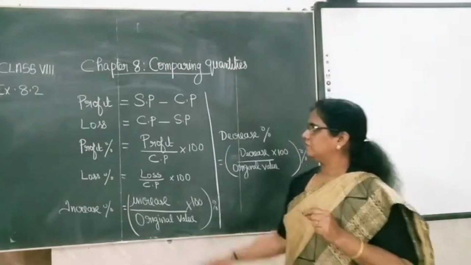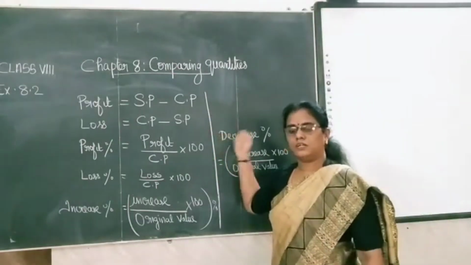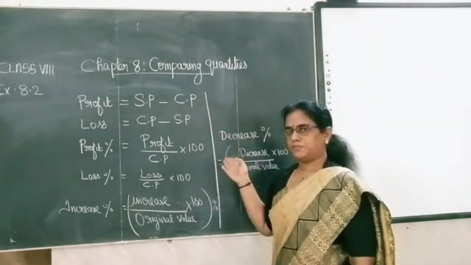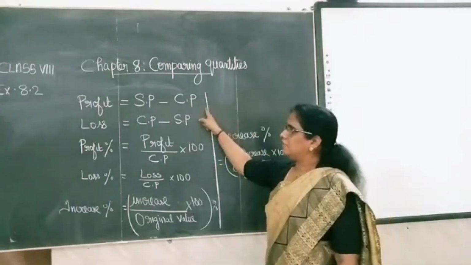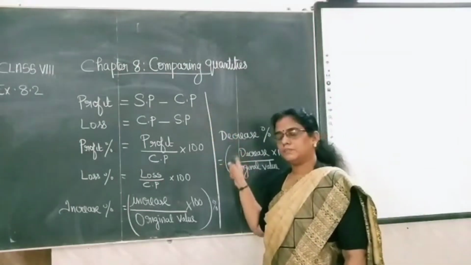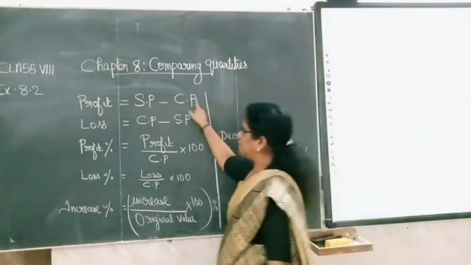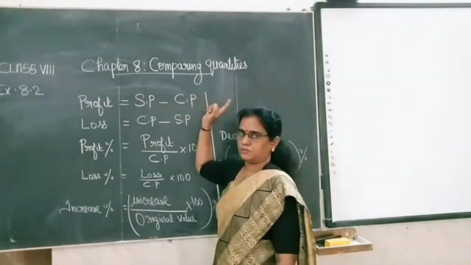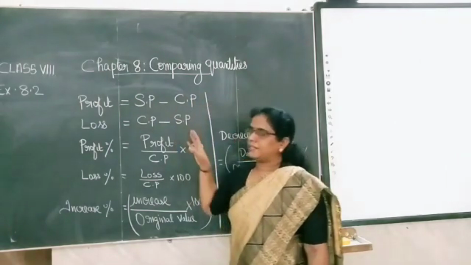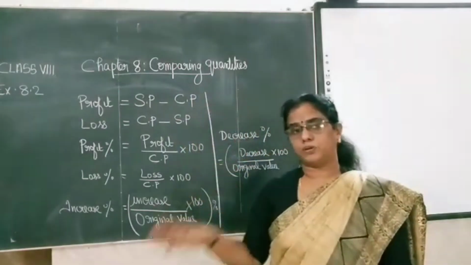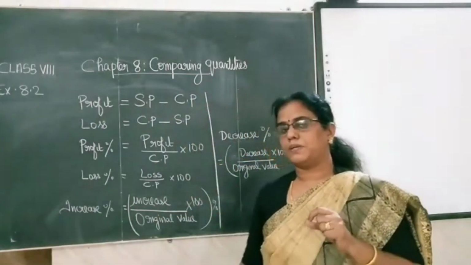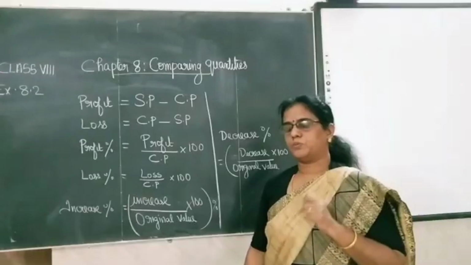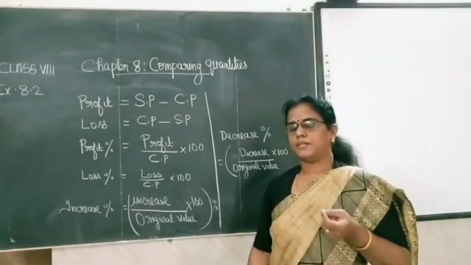These equations we already discussed in the previous classes. Just go through them and learn them properly. From these you can find SP and CP also. When there is profit, the selling price will be greater.